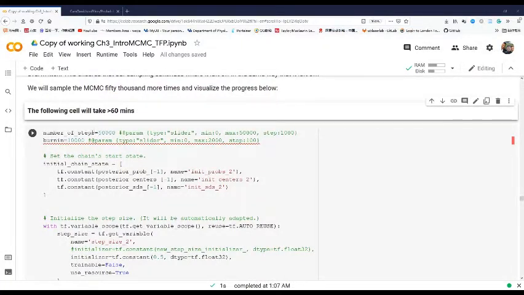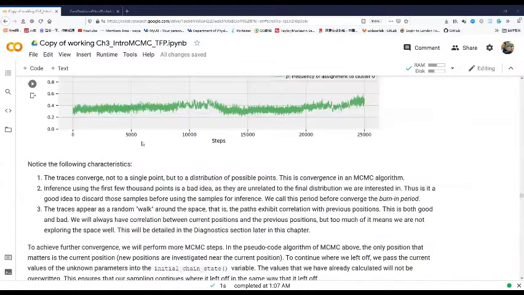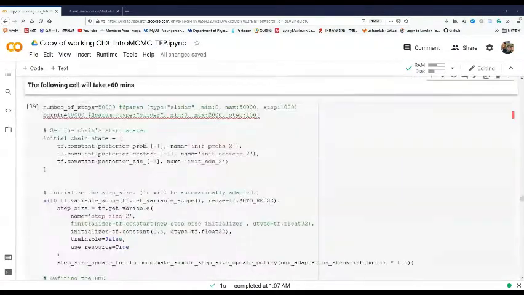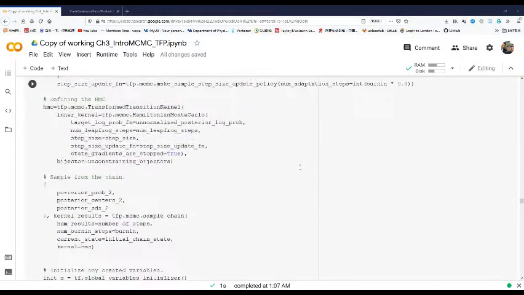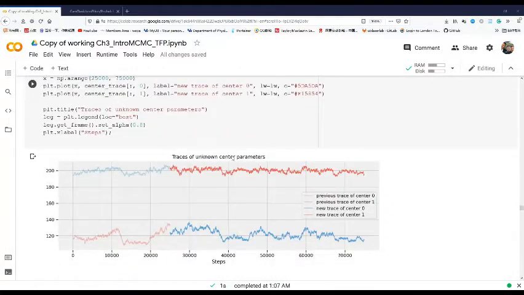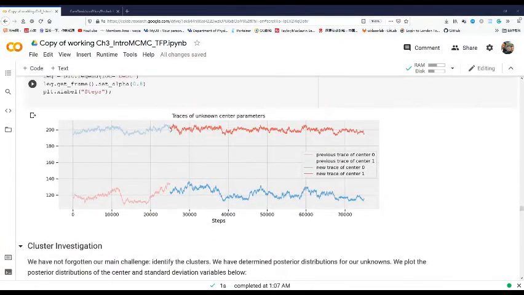So we took the next 50,000 steps after the initial 25,000 steps, and we also discard the first 10,000 of them because they are not relatively stable, so that doesn't make too much sense to us. And this is a comparison from the first 25,000 steps, and now we have 50,000 more.